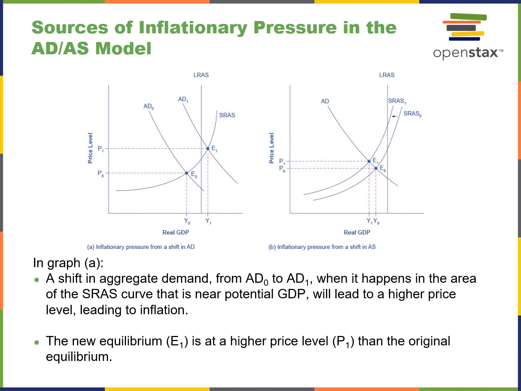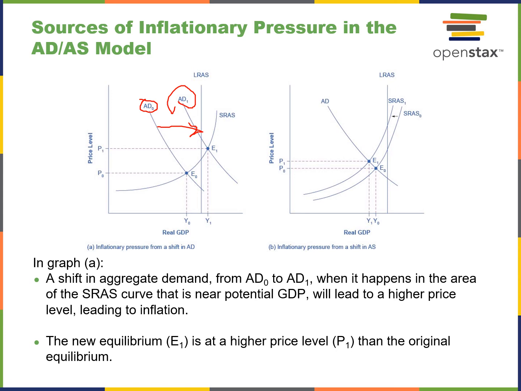And so in this particular case, we see a shift in demand from AD0 shifting to the right to AD1. That's going to show that we're close to the potential GDP, or perhaps even beyond it.